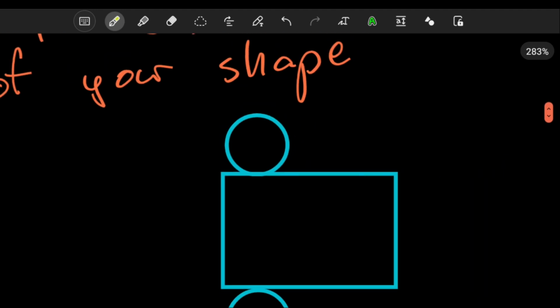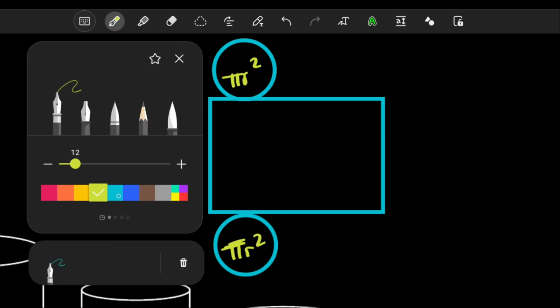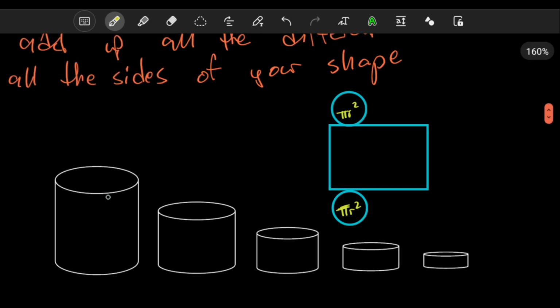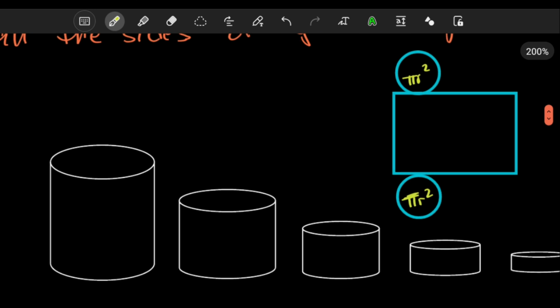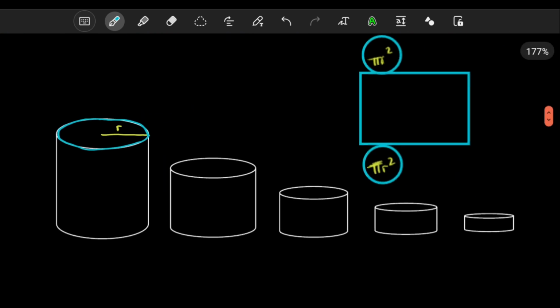What we already know is that the surface area of any circle is just pi r squared. So you have pi r squared there, and pi r squared at the bottom. Now you need to recognize that when this is opened up, this is just the radius, and the circumference is that entire length over there.